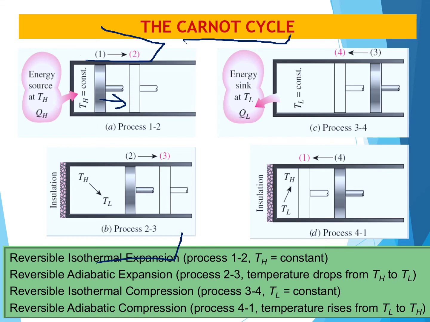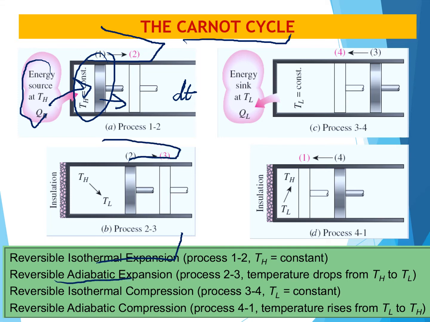Now, as the gas expands, the temperature of the gas tends to slightly decrease, but as soon as the temperature drops by a very small amount dT, right, some of the heat from the energy source is transferred into the gas, keeping the gas temperature constant along the process, right? And then the second process from state 2 to state 3 is called reversible adiabatic expansion.